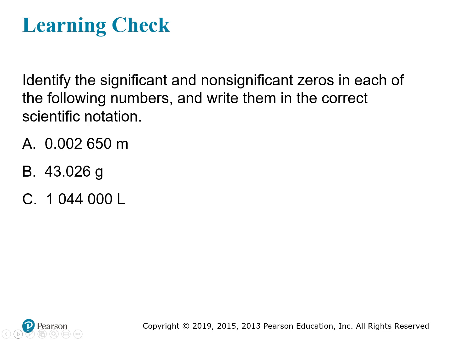So take a second, pause the video, and try writing these numbers in scientific notation. Remember that you're going to have this format. That's what you're shooting for. Pause it, give it a shot. Then rejoin me, and see what the answers are.